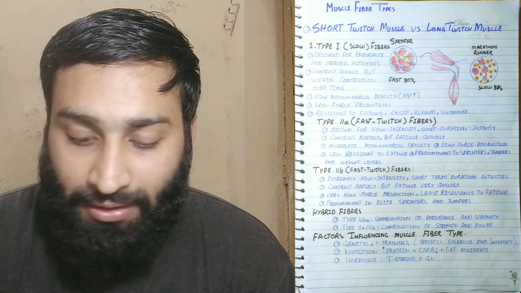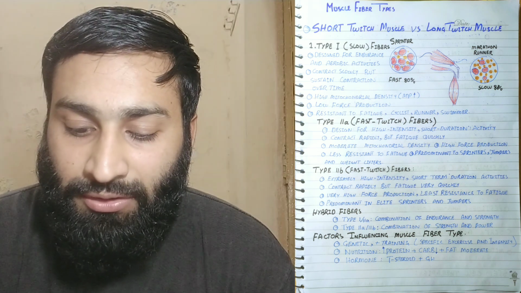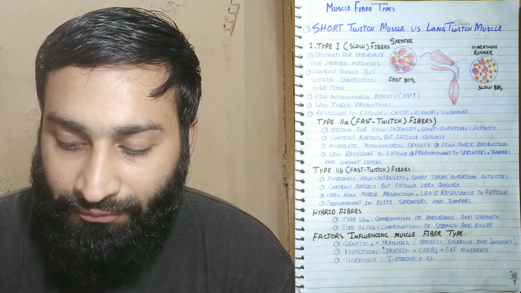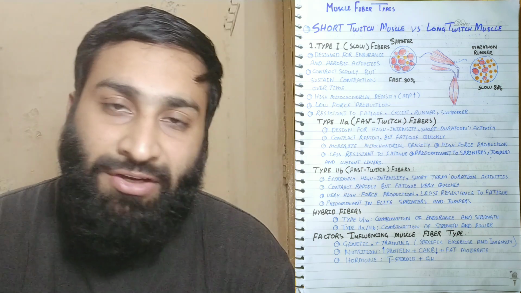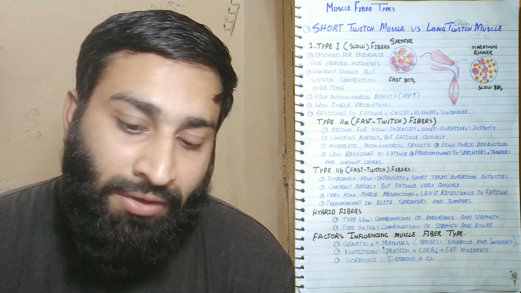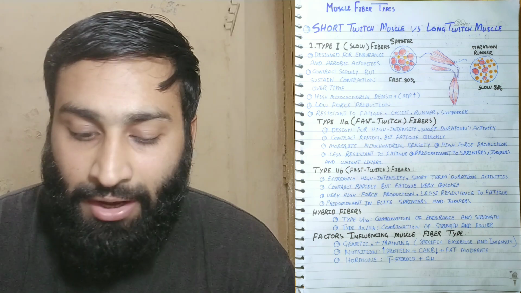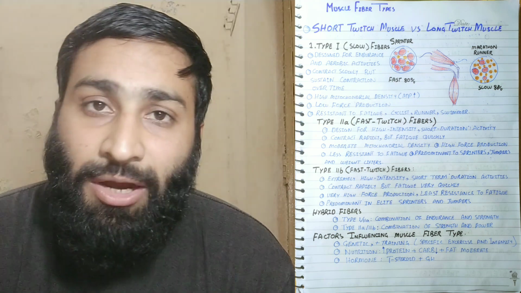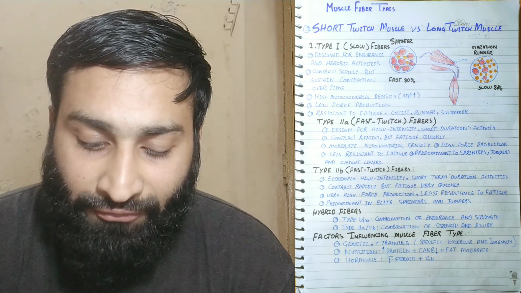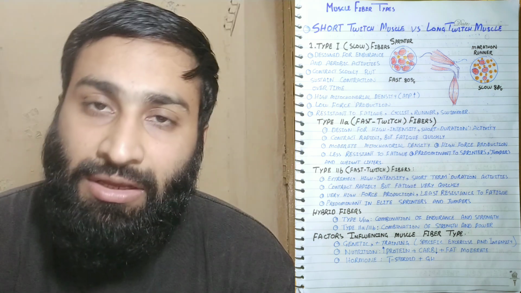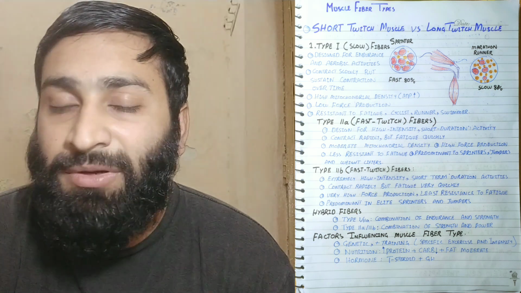Type 1 slow fiber is 80% in the marathon runner, so fatigue is not possible because the number of mitochondria increases. While type 2 fast twitch muscle fiber has fewer mitochondria but more strength. It contains 80% fast twitch muscle, present in the sprinter or the short duration workout person.